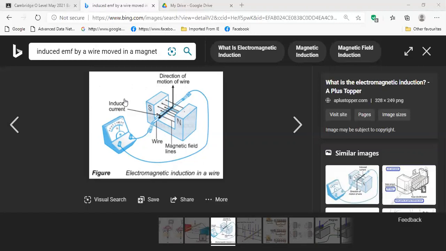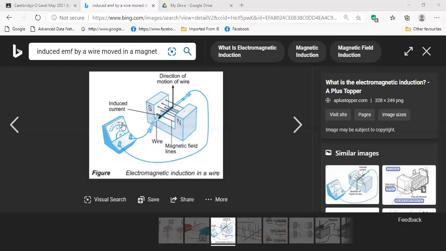The observer will see that this needle is moving. This instrument is an ammeter. So this ammeter shows deflection. That means there is current.